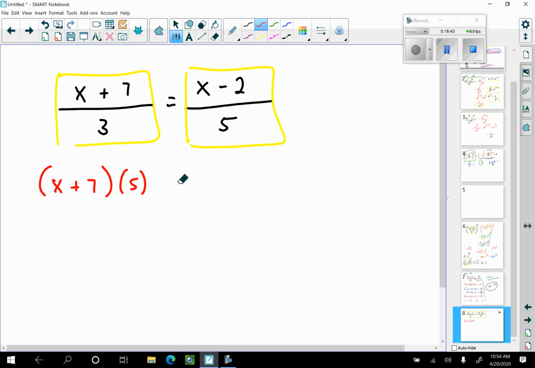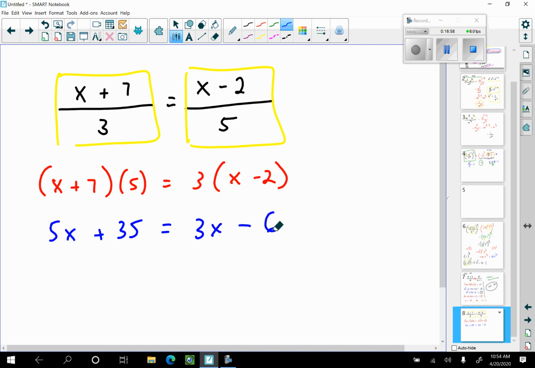x plus 7 times 5 is equal to 3 times x minus 2. This is going to be 5x plus 35 using the distributive property, is equal to 3x minus 6. If I subtract 3x, this now is a very easy algebra problem.